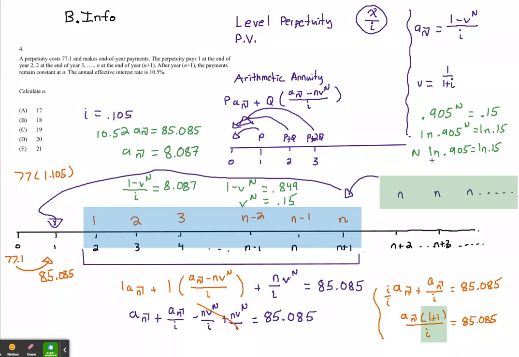So divide both sides by this, and finally, we have our answer. So ln 0.15 divided by, be careful with your parentheses, natural log of 0.905, and we get 19. Okay, so that's our answer.